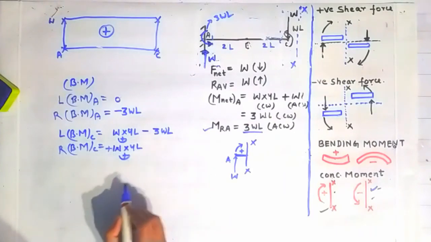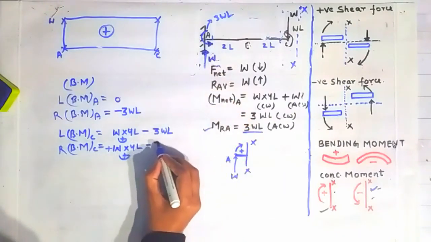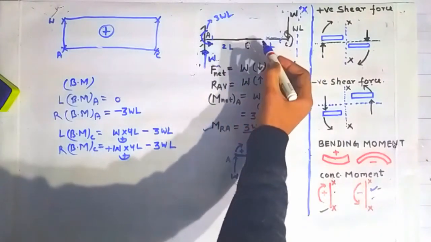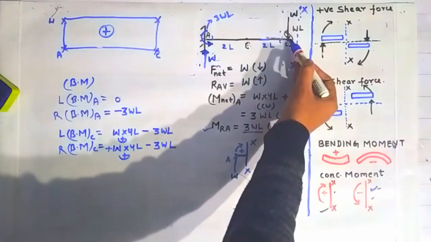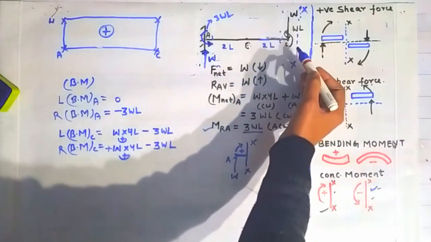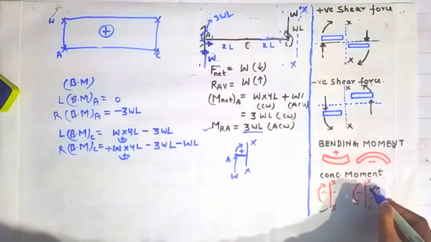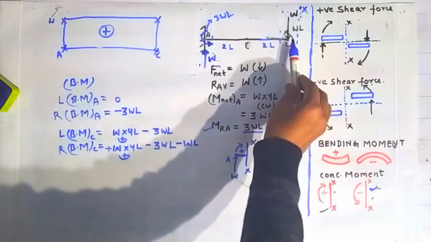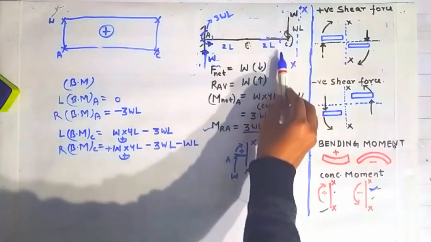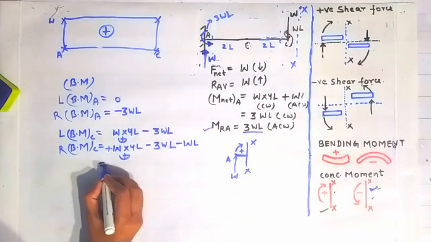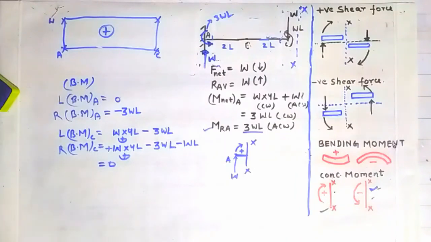And this moment is creating a negative bending moment about the section XX using this sign convention, and the moment acting at point C is also contributing toward the moment at the section XX, giving a negative bending moment of minus WL following the same sign convention, because this moment is lying on the LHS of this section and going in anti-clockwise direction. Similarly, the other moment is lying on the LHS of this section XX and going in anti-clockwise direction. That's why taken negative. So if we add them, it comes out to be 0.